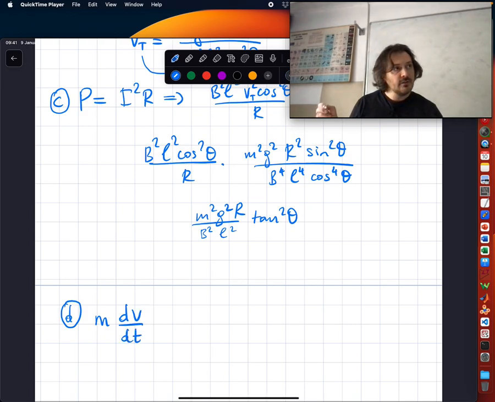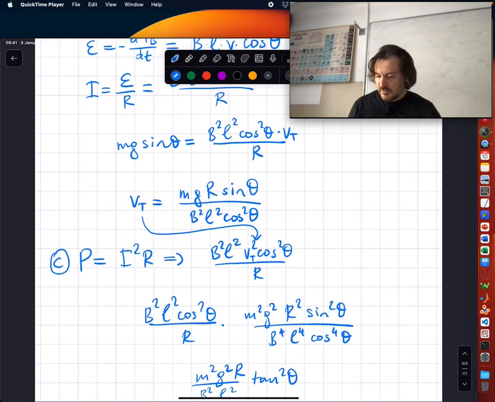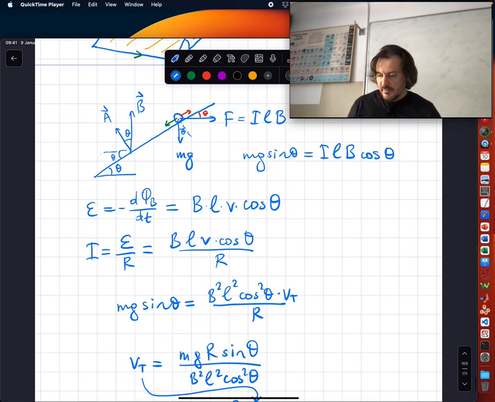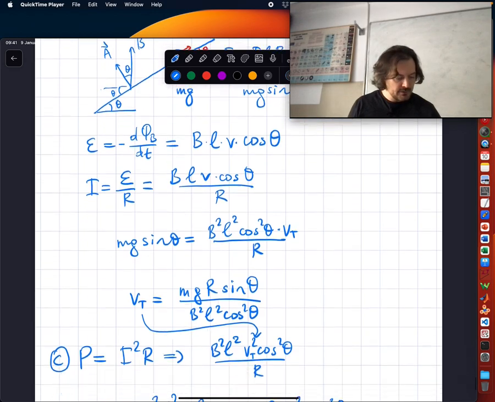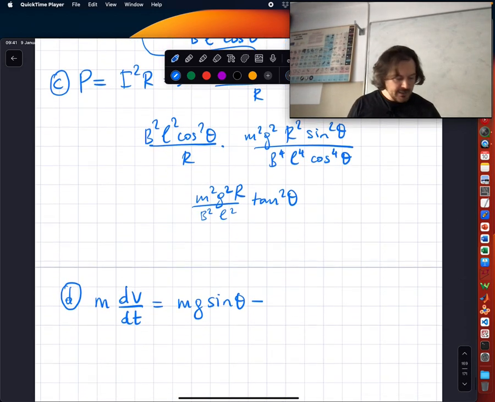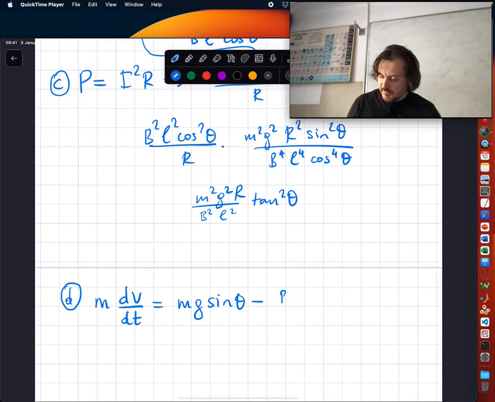Do you agree with this? The force that is pulling down is mg sine theta. Do you agree with this? And the thing going against it was ILB cos theta, right? And I was BLV cos theta over R. So I have basically B squared L squared cos squared theta over R times v.